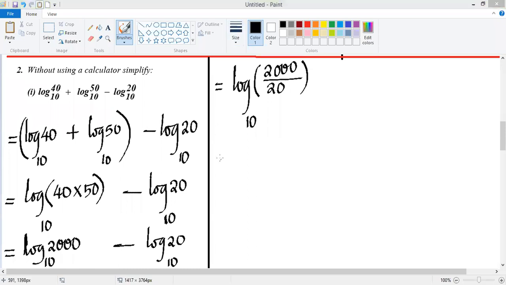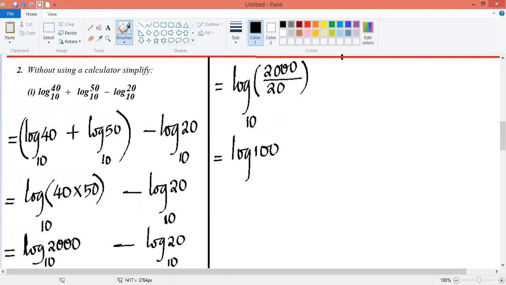And then next, we will have to write log. When you simplify that, you remain with log of 100. Are we there? And that 100 can be the same as 10 squared base 10, which is the same as 2 log 10 base 10.